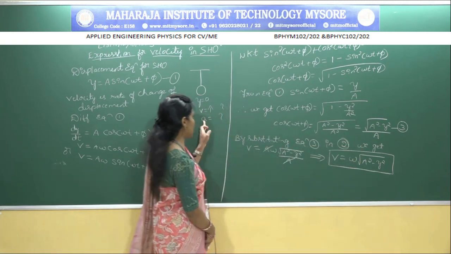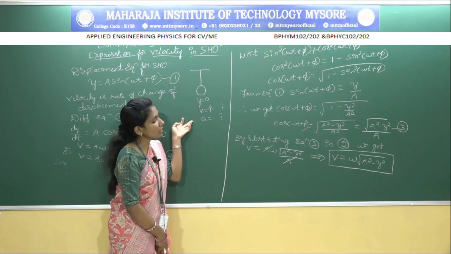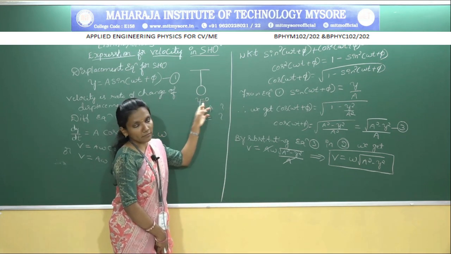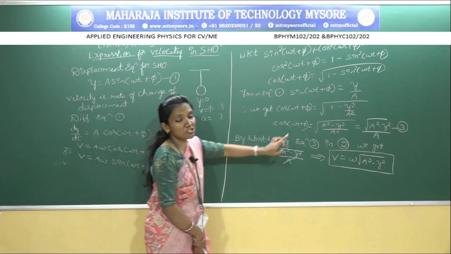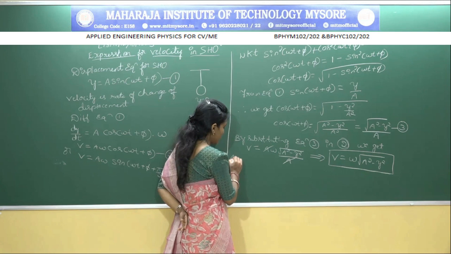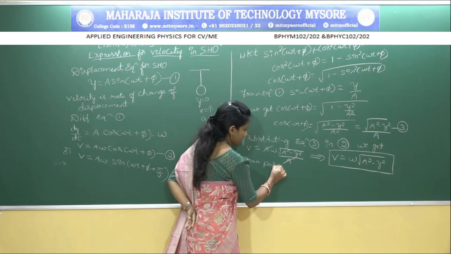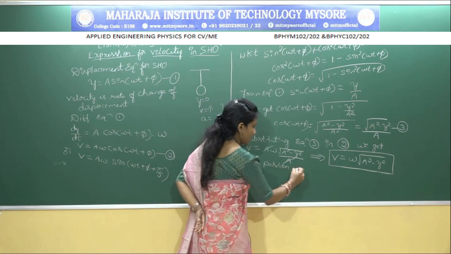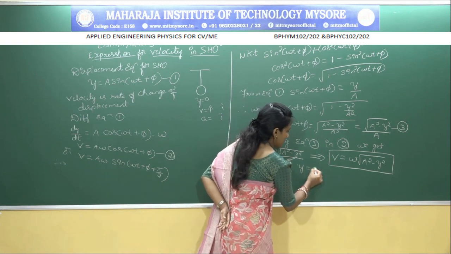But at mean position, we know that the displacement will be 0. So at that condition, what is the velocity? At mean position, displacement will be 0.